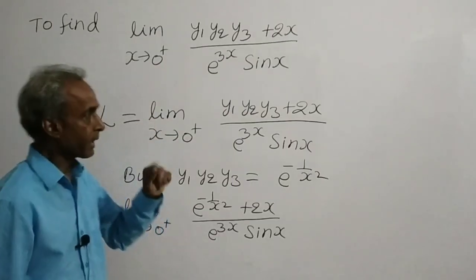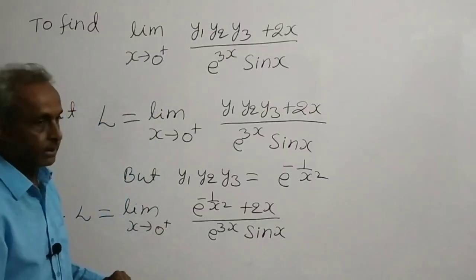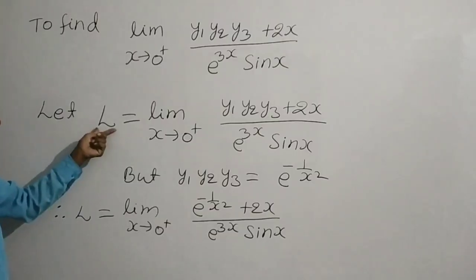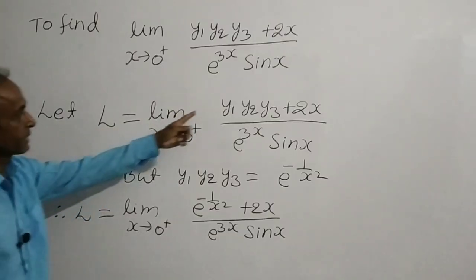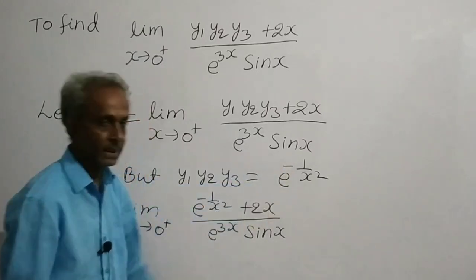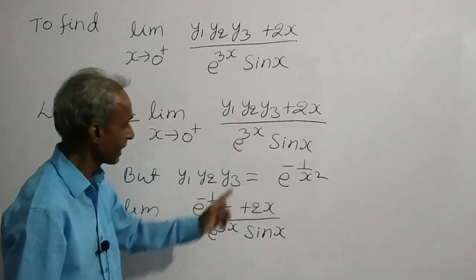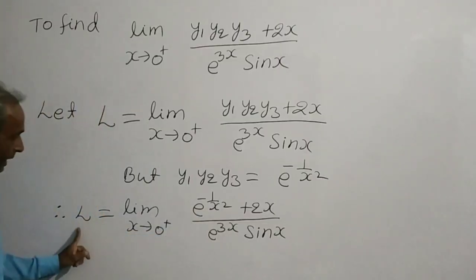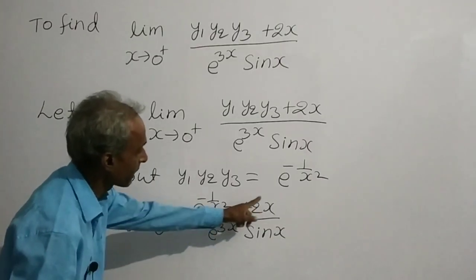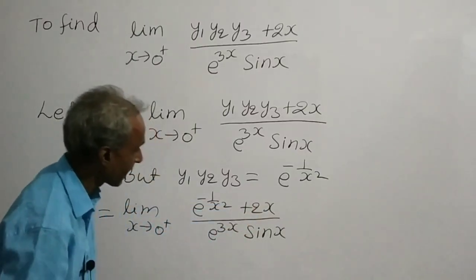In this question, we are asked to find this limit. We suppose this limit as L. Since y1, y2, y3 is equal to e to the power minus 1 by x square, when we write this here, then L is equal to limit of e to the power minus 1 by x square plus 2x by e to the power 3x sin x.